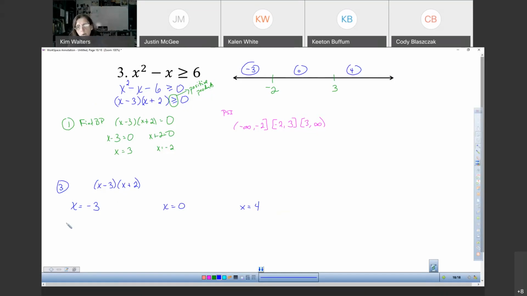All right, so I'm going to plug these in. So I have negative 3 for my x minus 3, and then negative 3 for my x plus 2. This is going to give me negative 6 times negative 1, and that's going to give me a positive 6. Okay. Is this interval going to work for me or not?